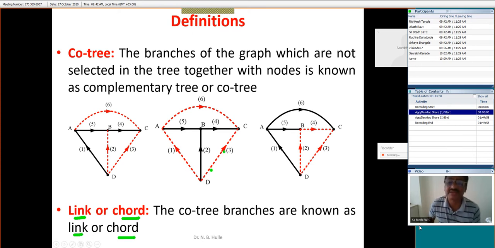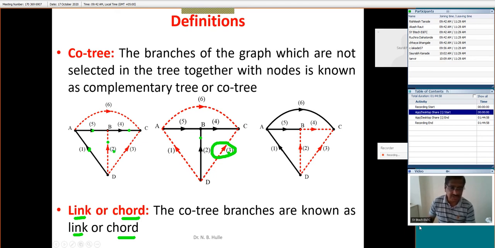If I am calling this as a link or cord, obviously it should be the cotree branch. If I am calling the branch number 2 as a twig, it should be the tree branch. In this figure, I cannot call this 2 as a twig, because in this case, branch number 1, branch number 5, branch number 4 is a tree.